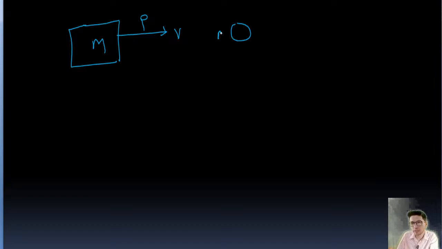This has mass m, and this is its direction. This is momentum p2 in the z direction, and this is momentum p1 which is perpendicular to the z direction.